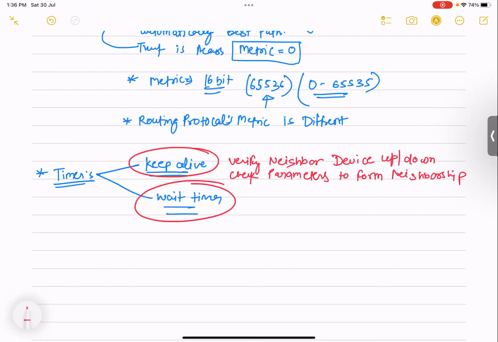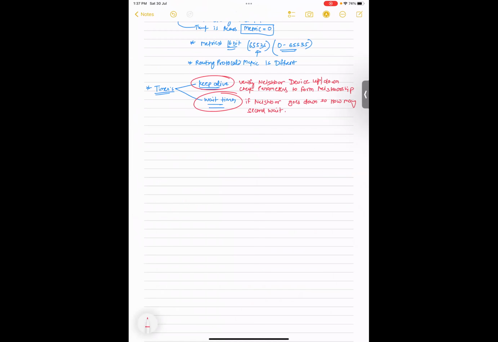Hold timer means if the neighbor goes down, how many seconds need to be waited. Any doubt?